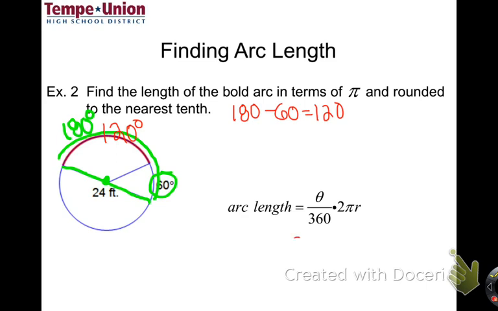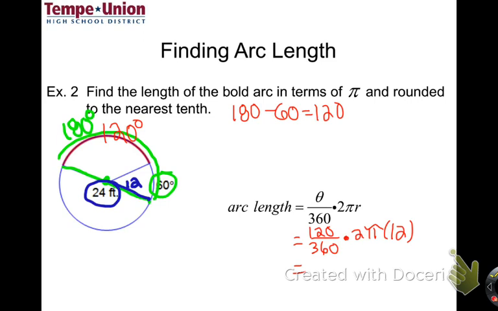And then the other thing is, I'm going to say 120 divided by 360 times 2 pi. And then the diameter is given as 24. So we know that the radius is just half of that. So then I would list the radius as 12. So then I'm going to put that in there as well. And then I would just multiply those together.